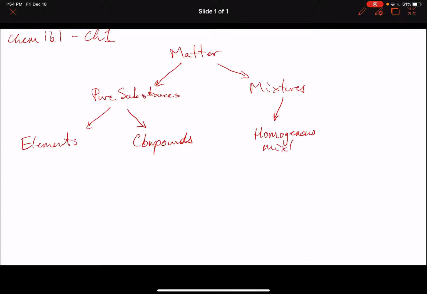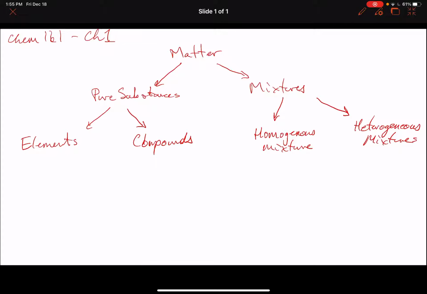Okay, so homogeneous mixtures are those that are uniform in most of their properties versus heterogeneous mixtures, which are not uniform in their properties.